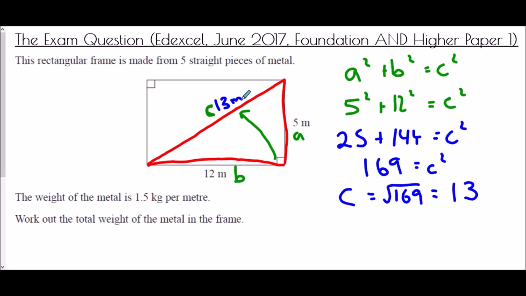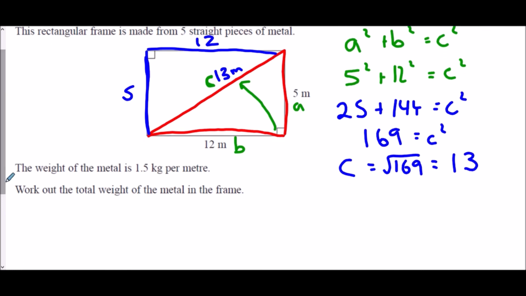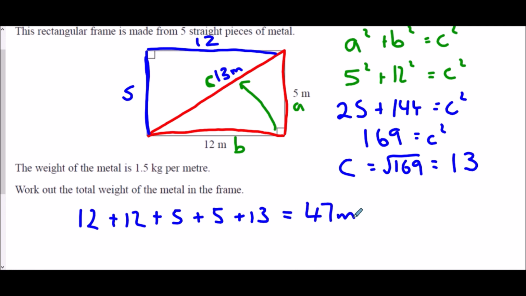Now, the question is asking about the weight of the whole frame, and therefore we need to think, what is the frame made of? Well, the frame includes another side of 5 metres and another side of 12 metres, and so in total we have 12 plus 12 plus 5 plus 5 plus 13, and so if we add all of those together we are 24, 29, 34, 37, 47 metres.